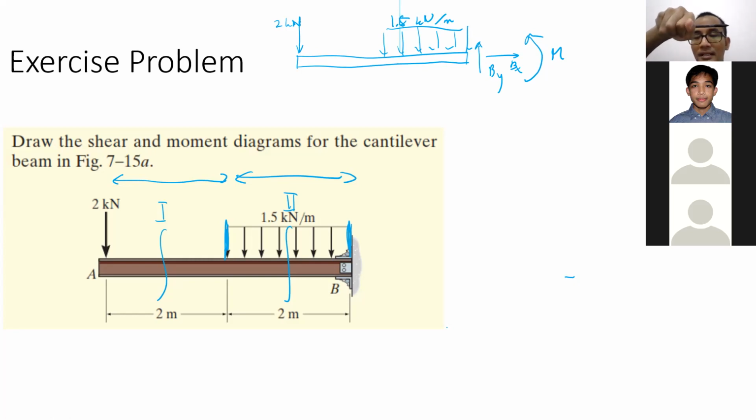So it can give a moment at this particular joint. So please, for all of you, if you face this kind of joint, this is all the forces you're supposed to give, not just horizontal and vertical force like a pin joint, but you have to add a moment as well.